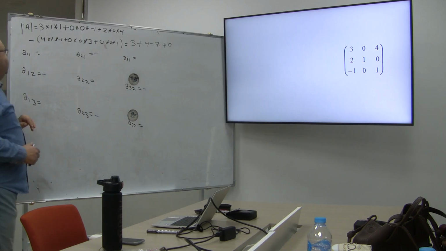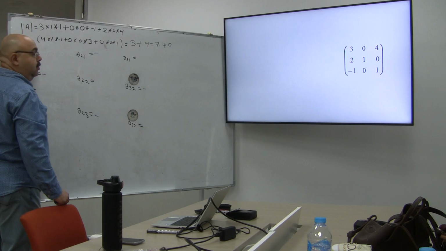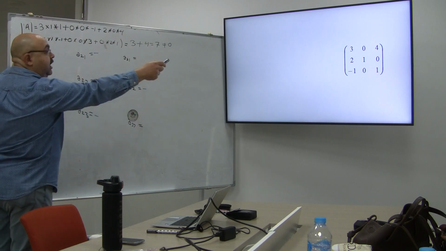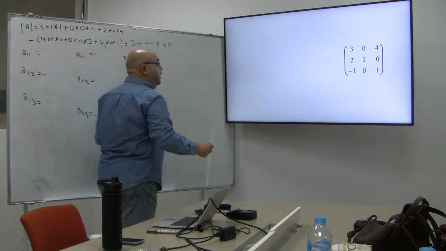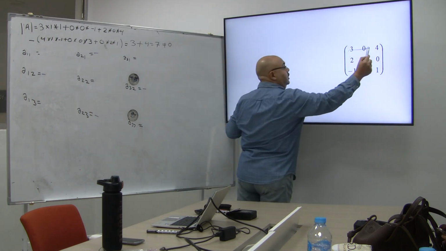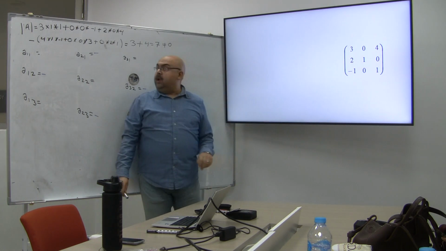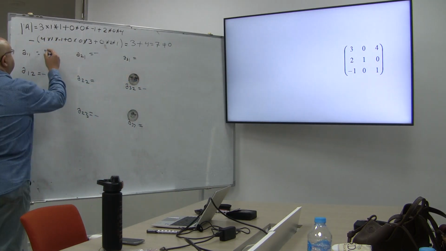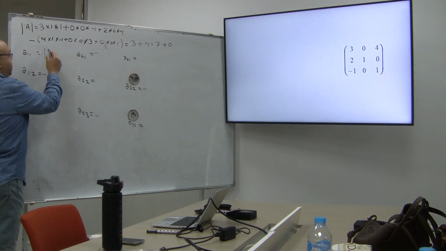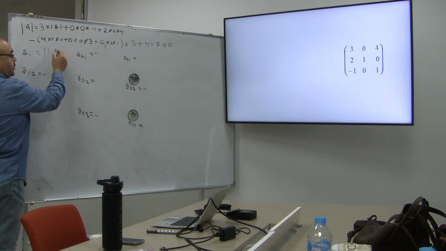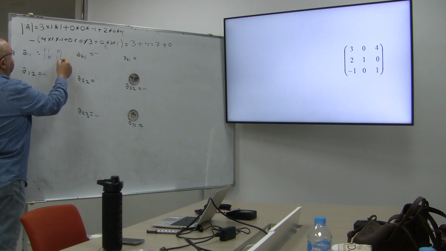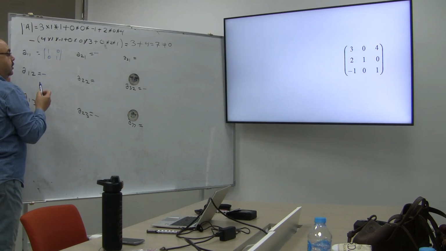Then I will start the elimination. Eliminate with me. For the number A11, which is 3, eliminate the row and column. The remaining numbers are 1, 1, 0, 0 and 1. For element 1 and 2, eliminate the row and the column.